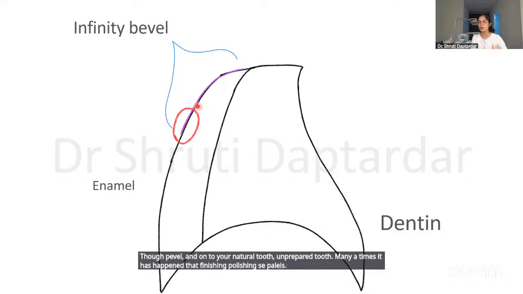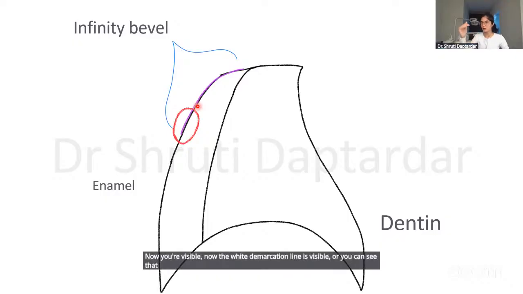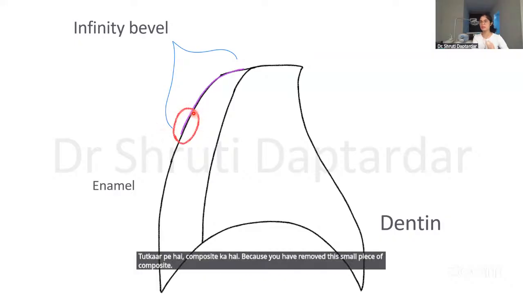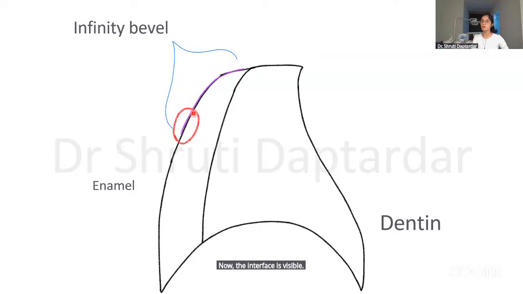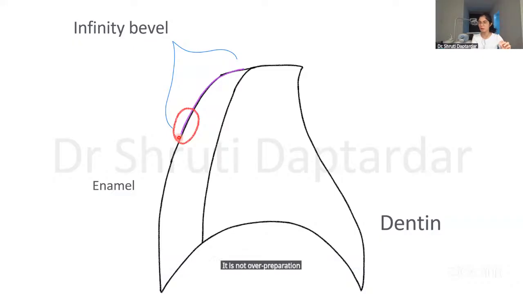The moment you finish everything, now it's visible. Now the white demarcation line is visible, or you can see the halo of where the tooth is and where the composite is. Because you have removed this small piece of composite, now the interface is visible. That is why always cover the interface with additional composite. It is not over preparation or overdoing the work. That is optimal dentistry.